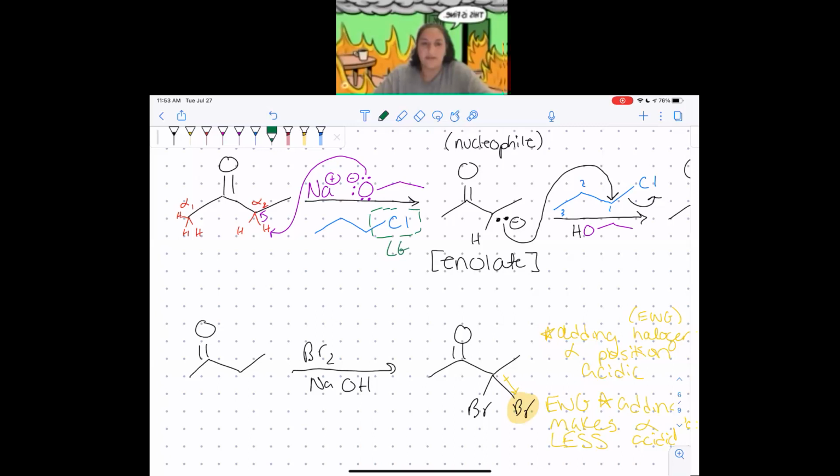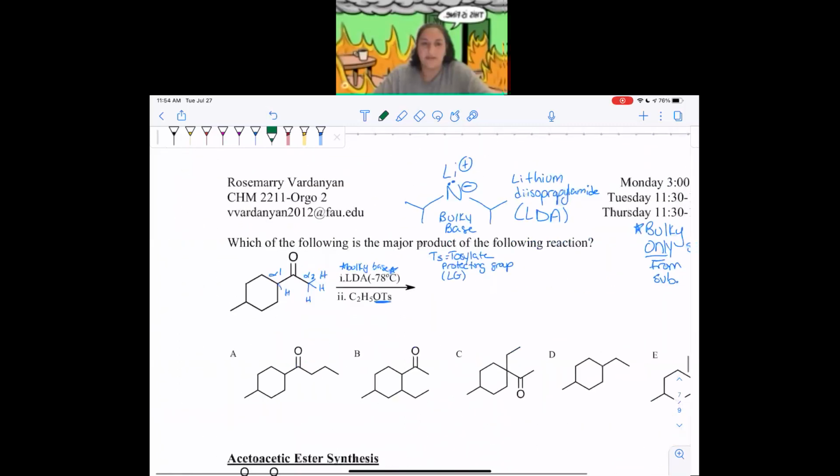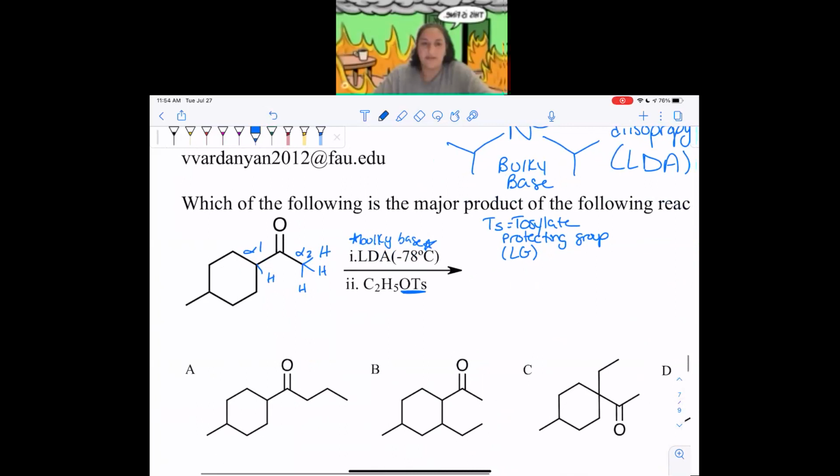But we could theoretically have any leaving group here. For the purposes of this class, he's only really going to use halogens or tosylate. So when he says OTs, all you have to think to yourself is this whole thing is going to be a leaving group. So what you're going to add to your chain is actually C2H5.